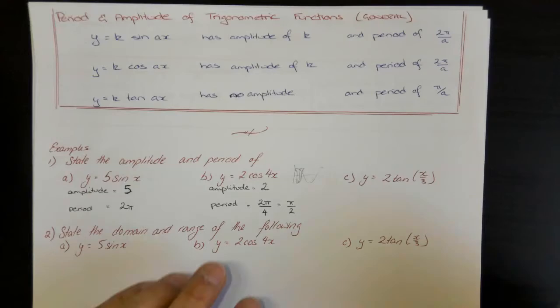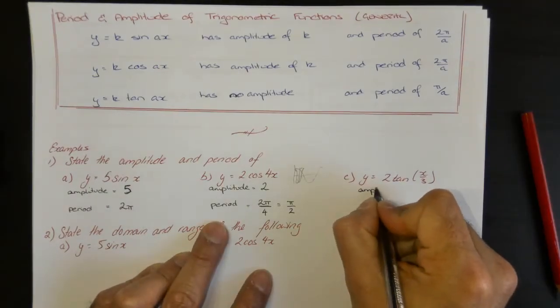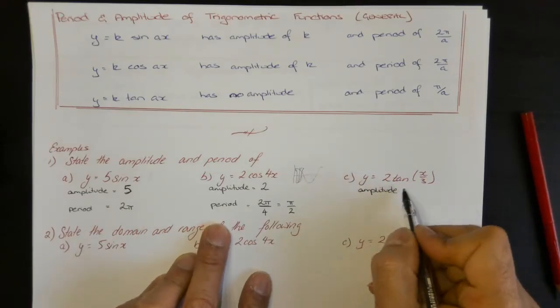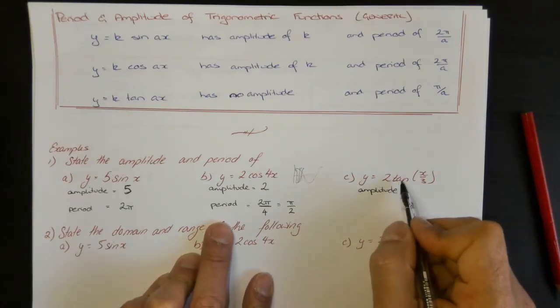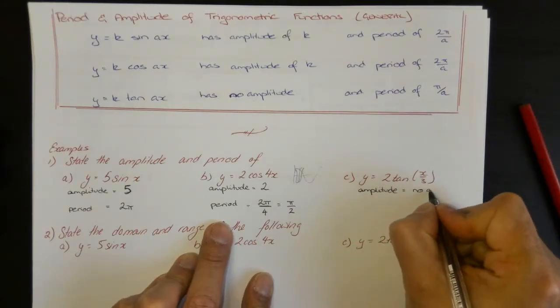All right, still with amplitude and period. Now it's a tan. There's no amplitude for tan because it goes to positive infinity and negative infinity, so there's no amplitude.